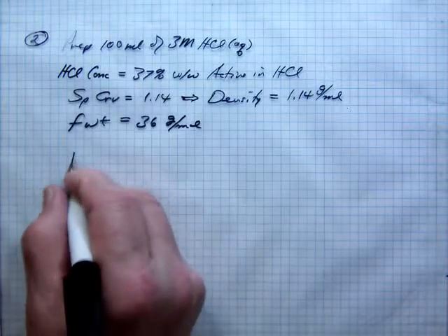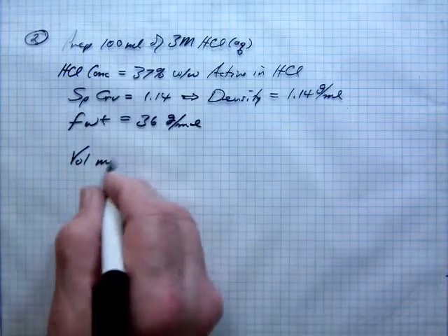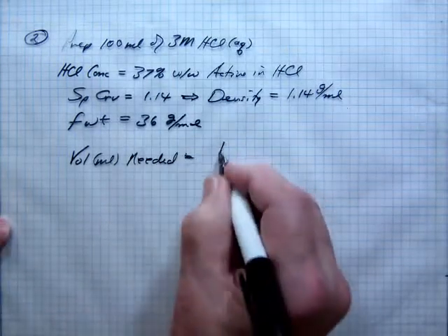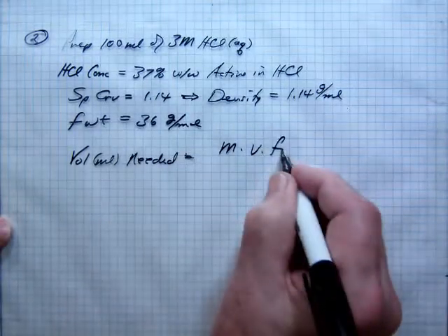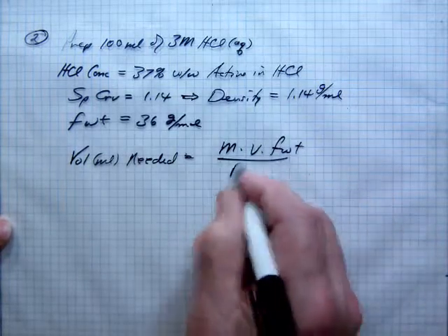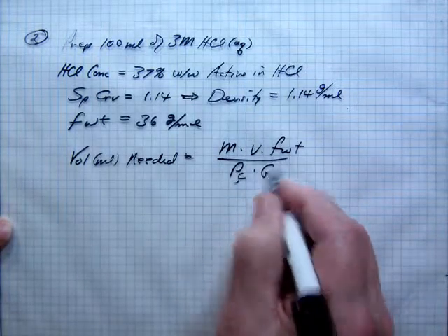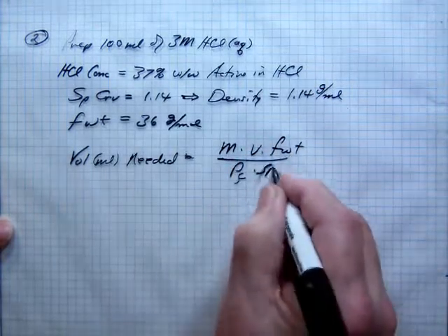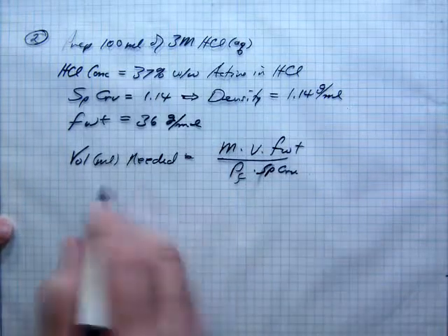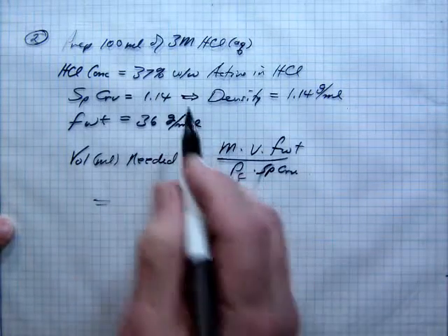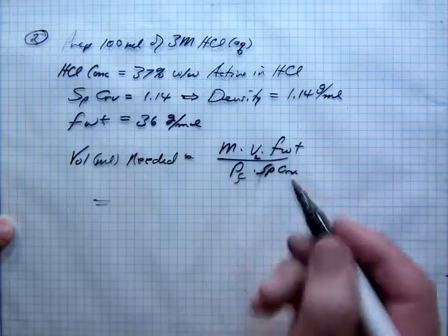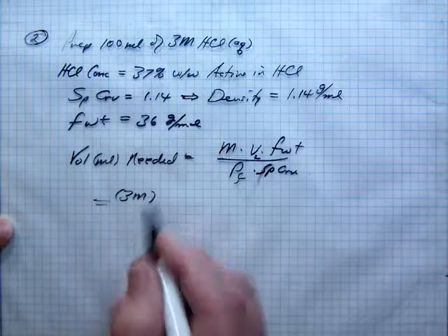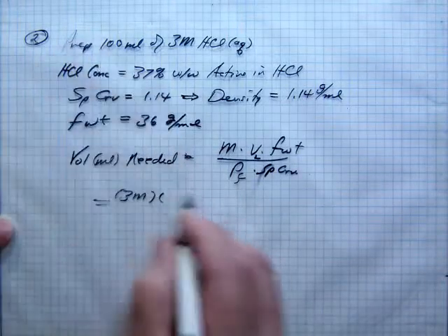And the volume in milliliters needed, of course, is molarity times volume times formula weight divided by purity factor. And again, specific gravity has to be included in the expression. And so the molarity that we need, 3 molar. The volume needed is 100 milliliters.